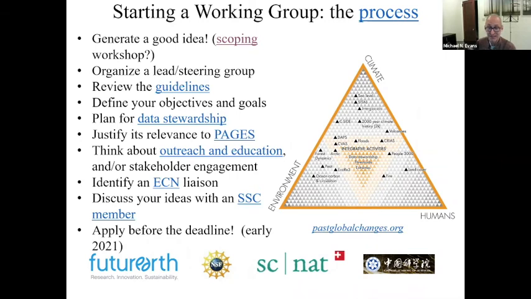Typically, PAGES does really want to encourage things that are not regional, but are more global, and do bring the community together to work on a problem of kind of global interest, rather than particular disciplinary interests. But I think if you look at the current working groups and the sorts of things they have produced, this is another way to get an example of the sorts of things that can happen.